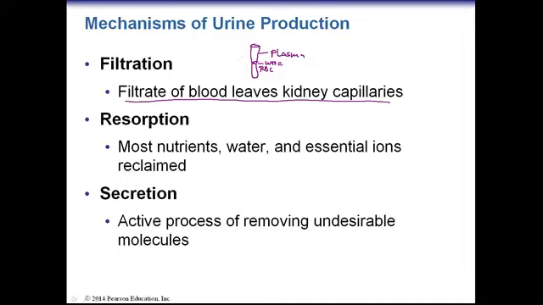Well, what we're after is more or less the plasma minus the glucose. We don't want large molecules to pass, like proteins. And we definitely don't want to lose any cells. We're reconditioning the plasma.